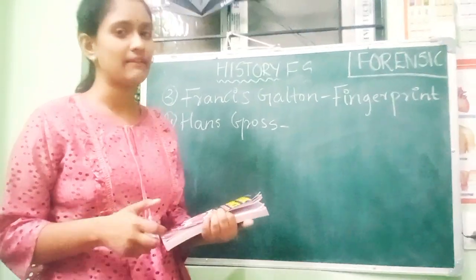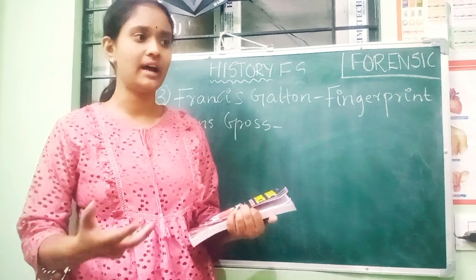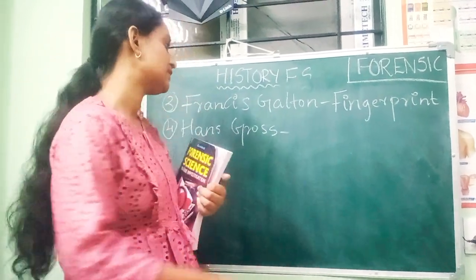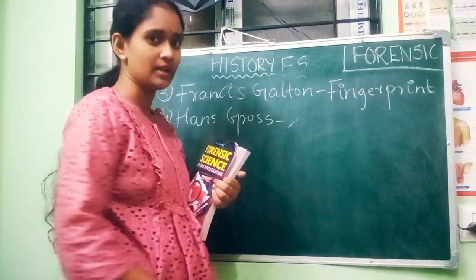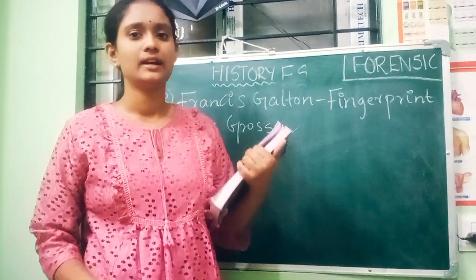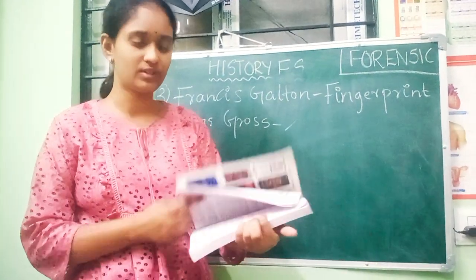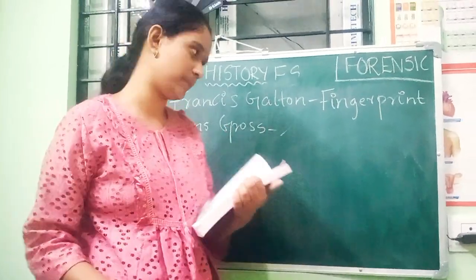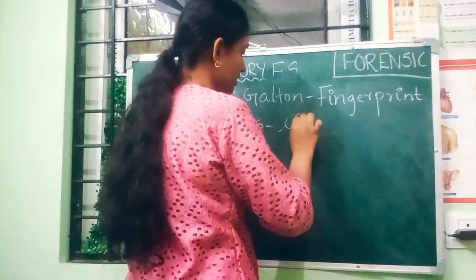Even though you have many sciences, you should have a step by step method for how to do a criminal investigation. So he is a lawyer by profession, and his book talks about the development and principles of criminal investigation.